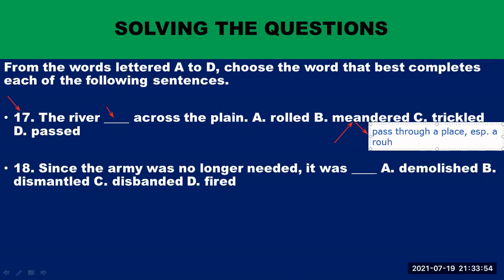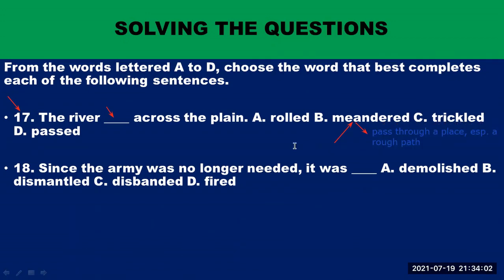So that's what we mean by meander. If we put it in here, the sentence we read, the river meandered across the plain. The word meander is M-E-A-N-D-E-R, meandered.